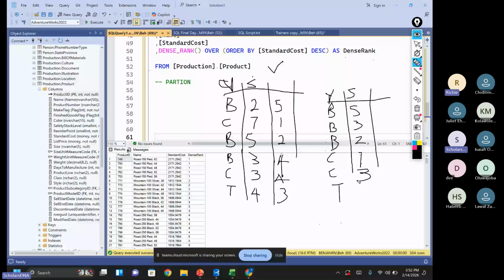So if I tell you to rank this based on the brand, what I'm telling you is to partition it so that the first partition will be ranked as 1, 2, and 3. The second partition, this is 7, will be 1, 2, and the third partition will be 1.